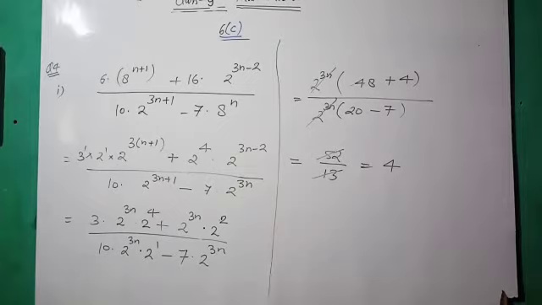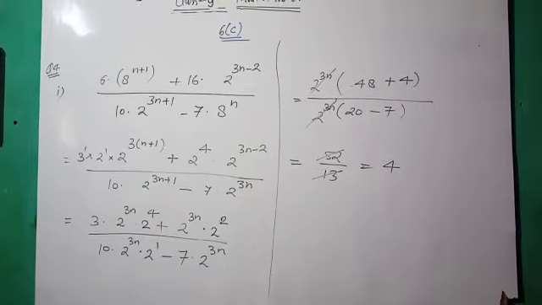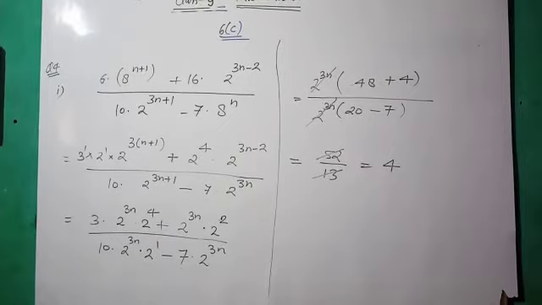Okay, so question number 5: 49^(n+1). You have to convert 49 as 7 squared, and that is equal to 7^(2n+2) multiplied with 7^n minus 343. 343 is the cube of 7, so you can convert (7 cube) to the power n, which means 7^(3n), and in the denominator we have 7^(3m).